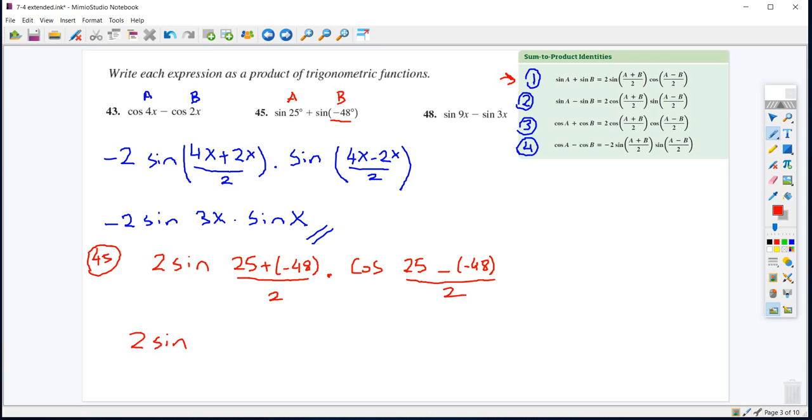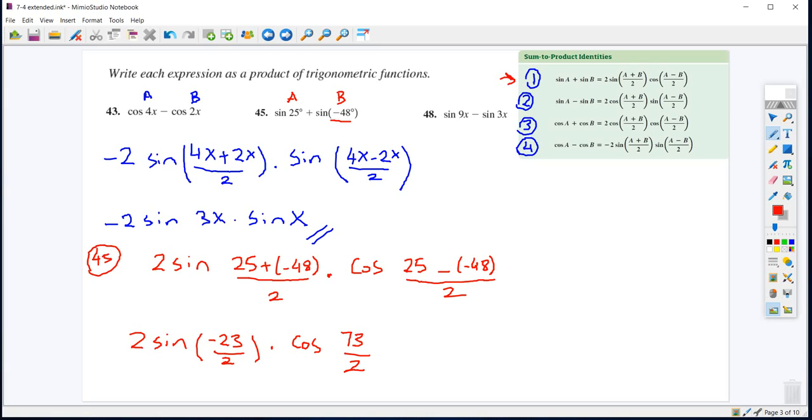2 sine, if you add 25 to negative 48, that's negative 23, should be negative 23 over 2, like this one. And the other part, if you subtract negative 48 from 25, that is, as you can see, positive 73 over 2.